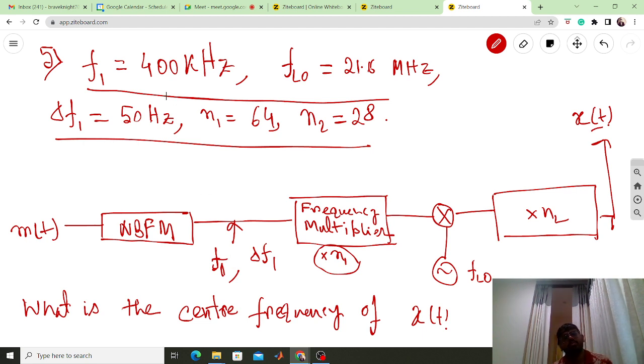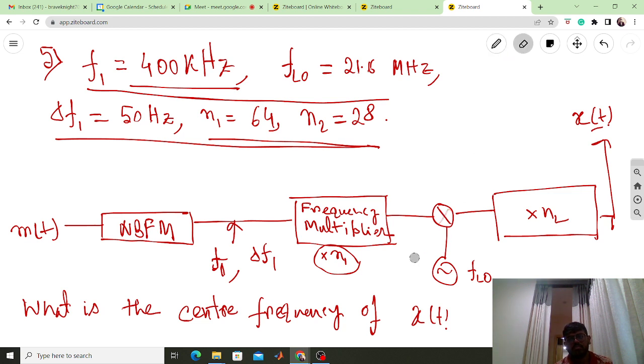So all the values are given here. Sorry.